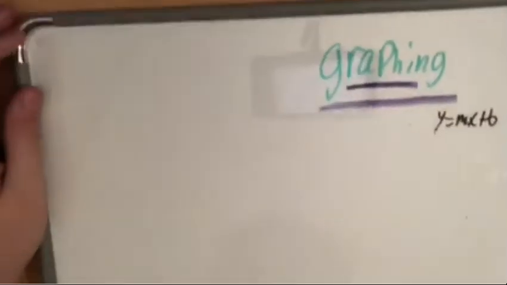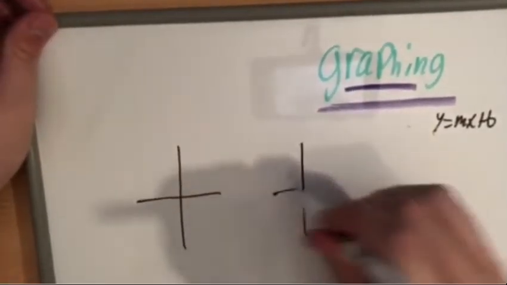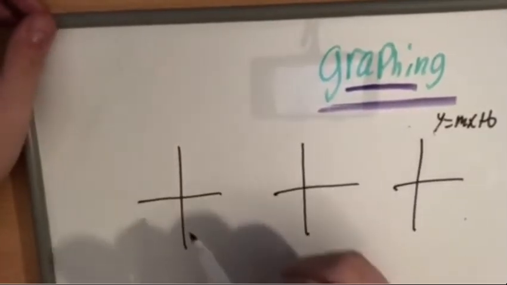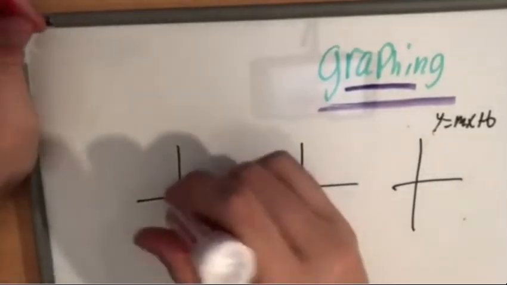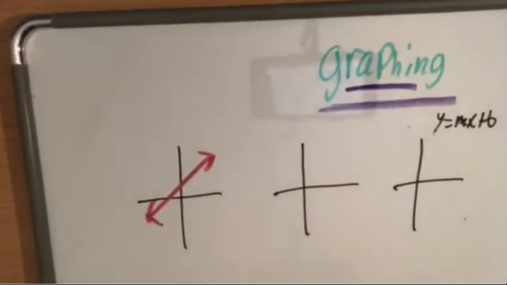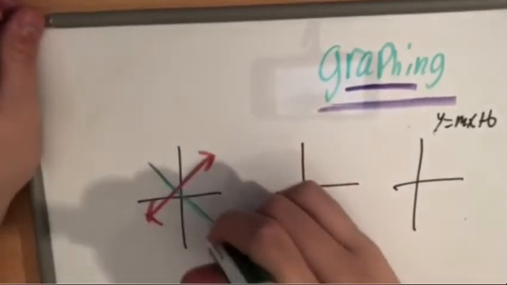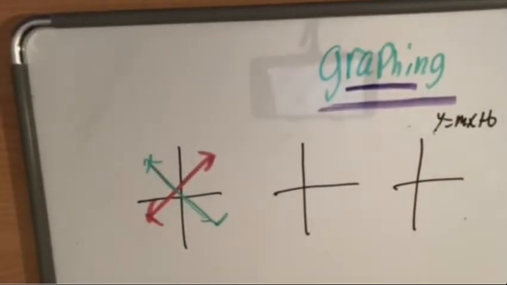But that's not the only kind of problem you can get. There are 3 different kinds. We either have a line that intercepts at a point, which is called a one solution.